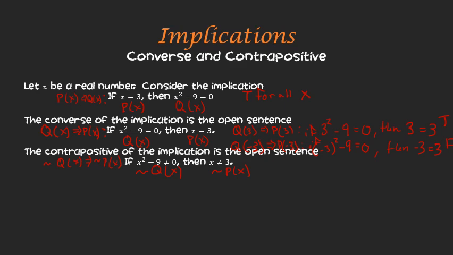Now the implication itself was true for all x. That always worked. And in fact, the contrapositive is also going to be true for all x. Let's see why that makes sense. If x squared minus 9 is not equal to 0, the only way to satisfy that is if x is not 3 and x is not negative 3.